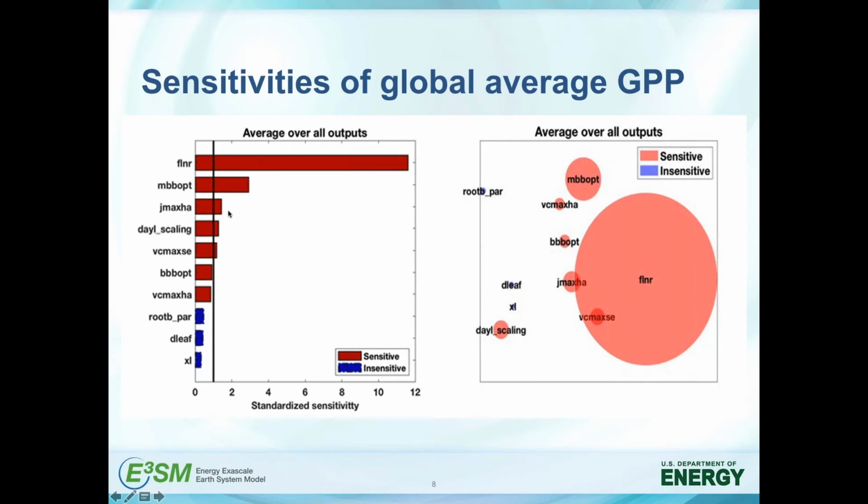Some of these temperature sensitivities are showing up as well. On the right-hand side, this gives us an idea of the relative magnitudes of these sensitivities, and where these bubbles overlap gives us an estimate of where the joint sensitivities are important. So for example, GPP is sensitive not just to FLNR and this Vcmax SE, but also the combination of those two parameters.